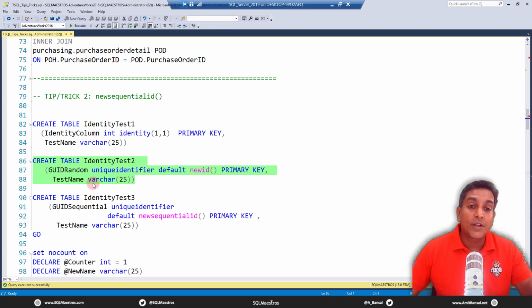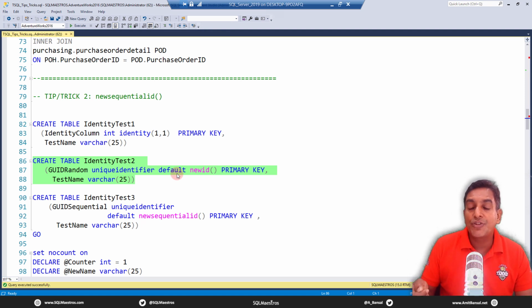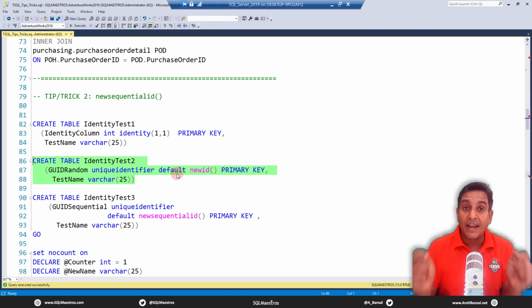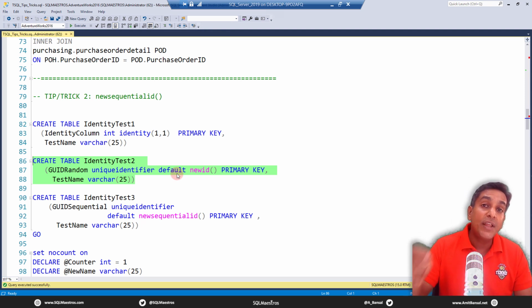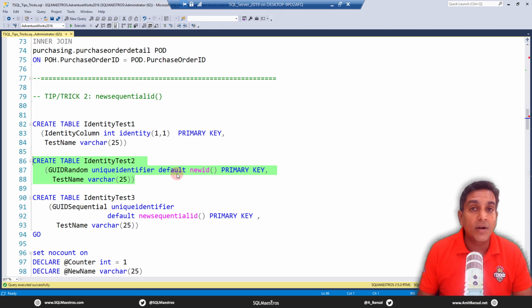The problem with the globally unique identifier and the new ID function is fragmentation. Each time you generate a new GUID using the new ID function, you get a guaranteed unique value, but there is no guarantee that this value is higher or lower than the previous GUID that was generated.